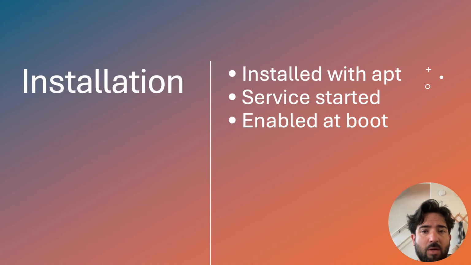This is important because it ensures that the database is always available without requiring manual intervention, which is especially useful in real world environments where uptime and reliability are critical.